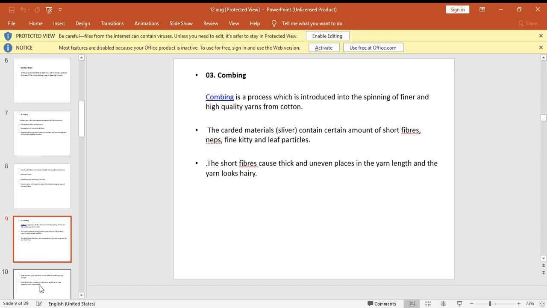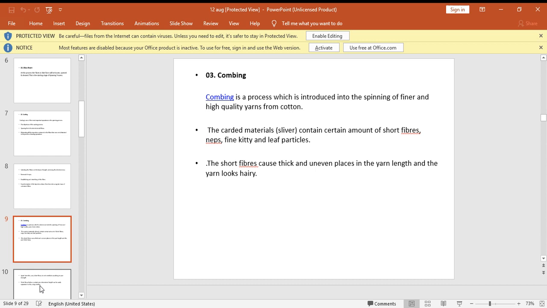Then the third stage is combing. Combing is a process introduced into the spinning of fine and high quality yarns from cotton. The carded material, the sliver, contains a certain amount of short fibers, neps, fine dirt, and leaf particles.